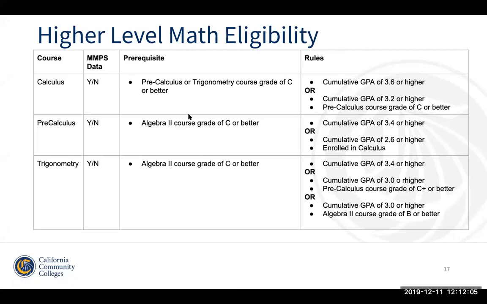If the student has not fulfilled the prerequisites, we won't run the rule set, but if the student has completed the prerequisites, then we run the rule sets to determine whether or not the student is eligible. As you can see over here on the rules, we use a combination of both GPA as well as courses completed and the respective grade that the student has received in that course.